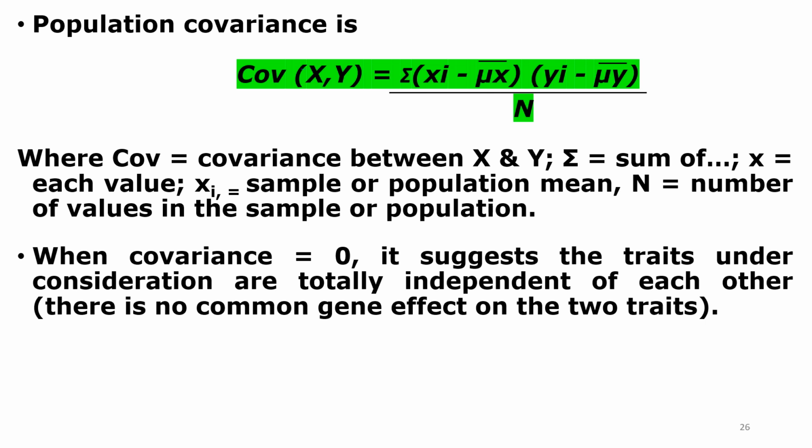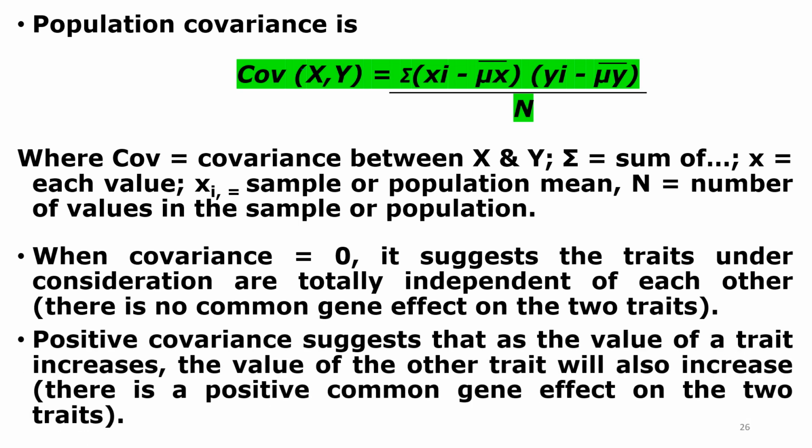So when the covariance is zero, it is suggesting that the traits under consideration are totally independent of each other. This means that there's no common gene effect on the two traits concerned. When it is positive, it means that there's a positive common gene effect on the two traits.